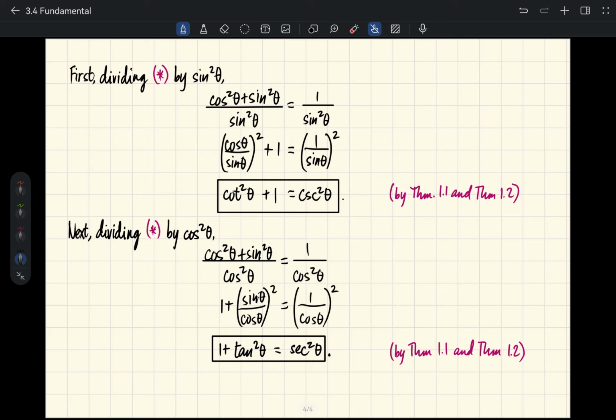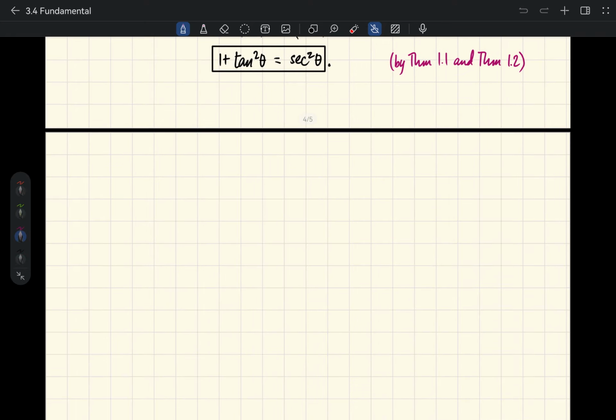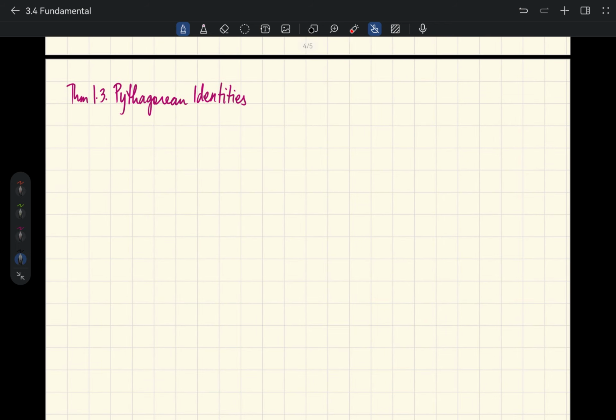So we are now ready to state theorem 1.3, which is the Pythagorean identities. The first one is this one right here, star, which is cosine squared theta plus sine squared theta equals 1.